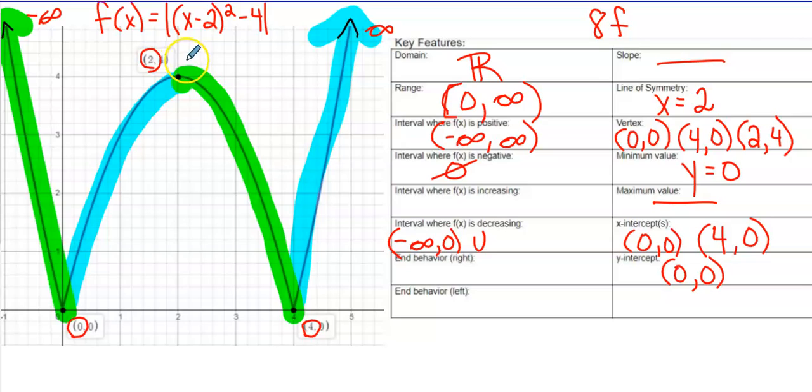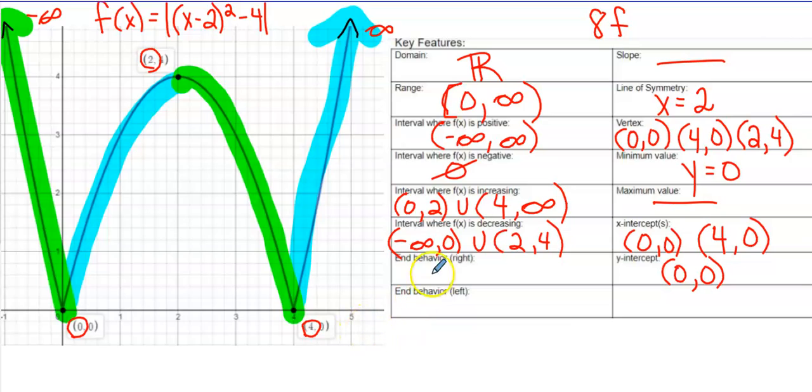And then the second one is going from 2 to 4. All right, increasing are the teal ones. This one goes from 0 to 2. And the last one goes from 4 to infinity.